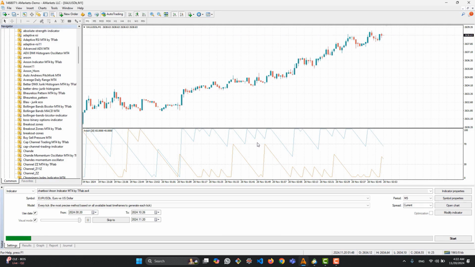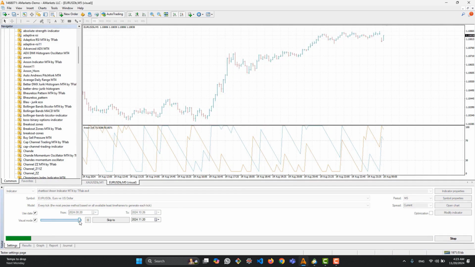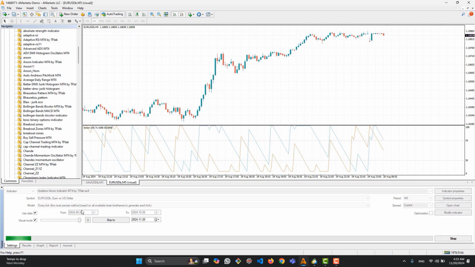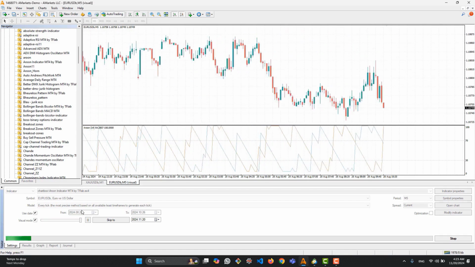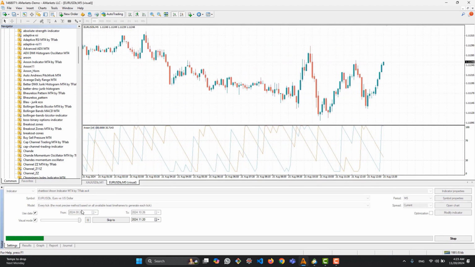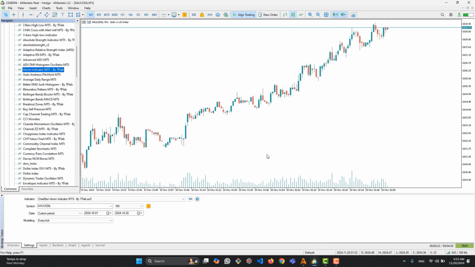Let's see the live test and this indicator on the MetaTrader 4 platform. You can use the MT5 version and this indicator on the MetaTrader 5 platform.